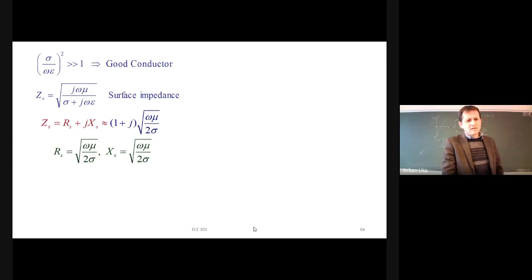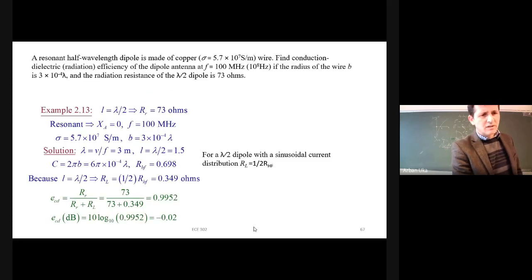We can see that the resistive component and the reactive component are equal in magnitude. This is equivalent to what we saw for the impedance in the electromagnetic wave theory, where alpha was equal to beta, and beta had the complex part, and alpha was the attenuation constant.